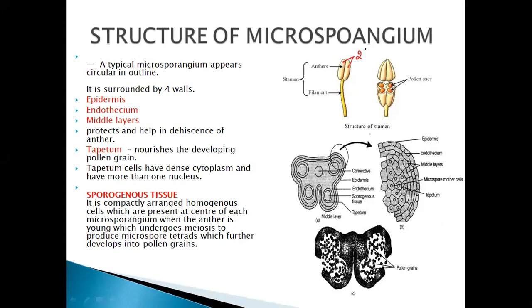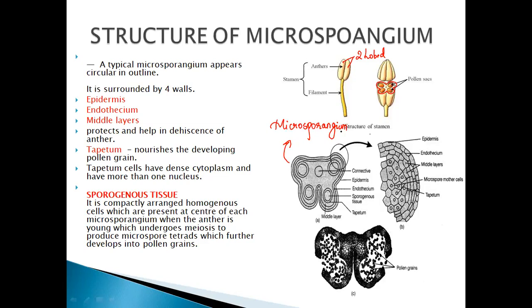Once you take the transverse section of it, you get this tetragonal structure, and this tetragonal structure is known as microsporangium.